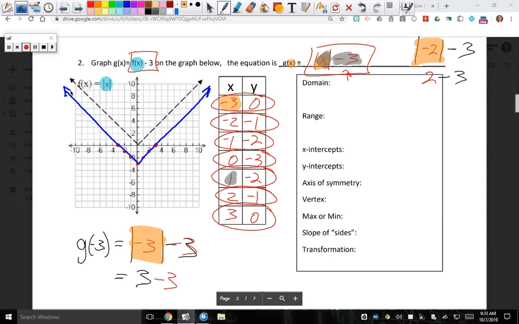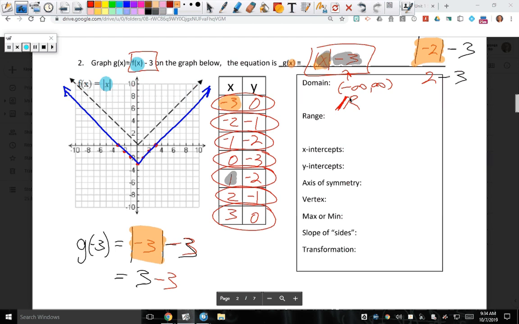Okay, here we go. Anyone can say it out loud. Don't worry about raising your hand. What's the domain? -infinity to infinity. And someone else said all real numbers. I just want you to put both just for the practice.